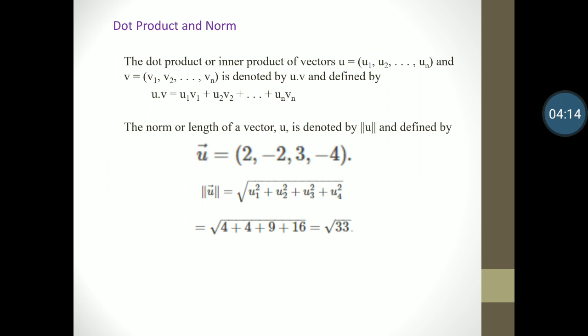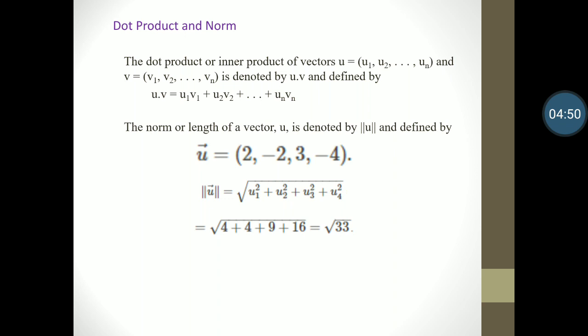Next is dot product and norm. For the dot product between two vectors, if we have vector u with members u1, u2 up to un, and another vector v with elements v1, v2 up to vn, then our dot product u dot v will be u1 v1 plus u2 v2 plus u3 v3 up to plus un vn.